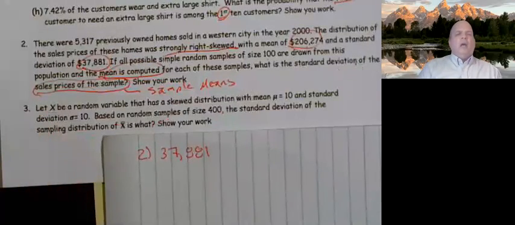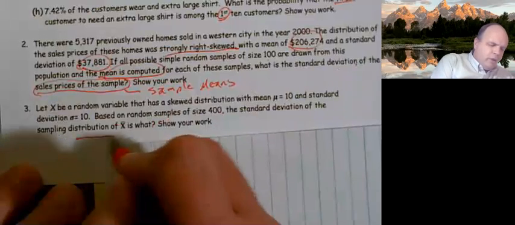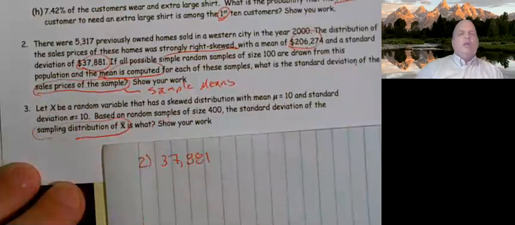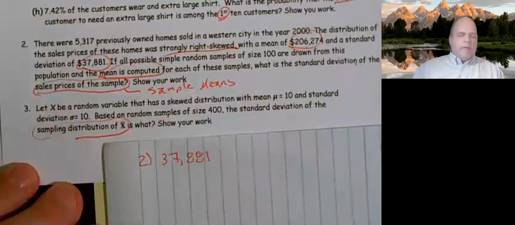So number 3, let X be a random variable that has a skewed distribution with a mean of 10 and a standard deviation of 10. Based on the sample of size 400, the standard deviation of the sampling distribution of X bar, the sampling distribution of the means, the sampling distribution of the averages.